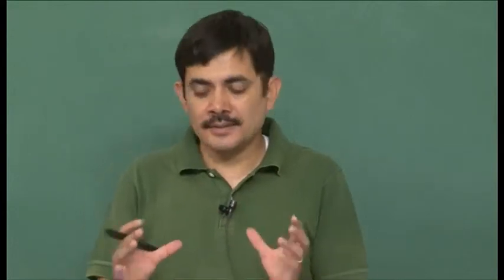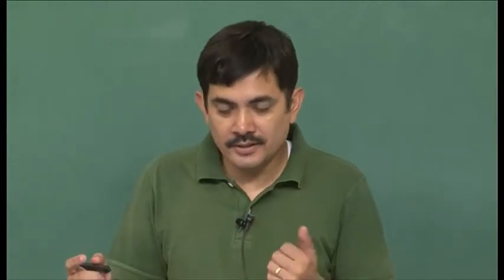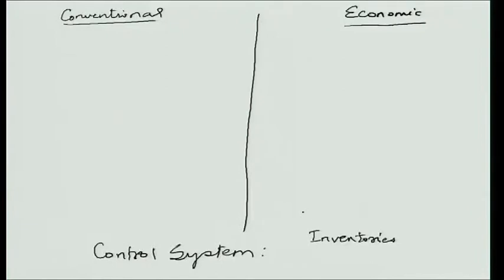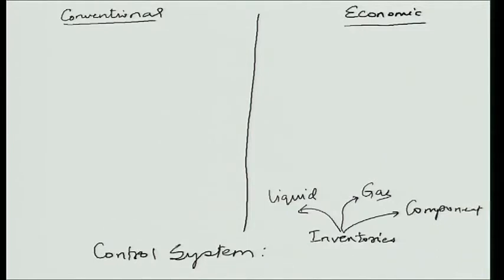So, component inventories in recycle loops build. So, when I say inventories, I mean liquid inventory, I also mean gas inventory, I also mean component inventories, and in the most general sense, we could also include energy inventories.